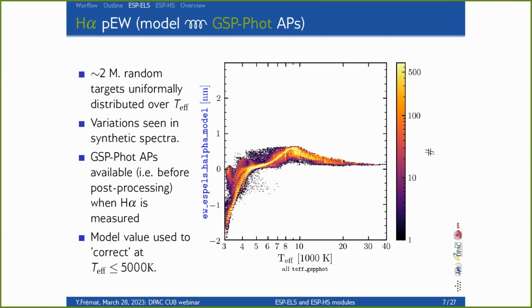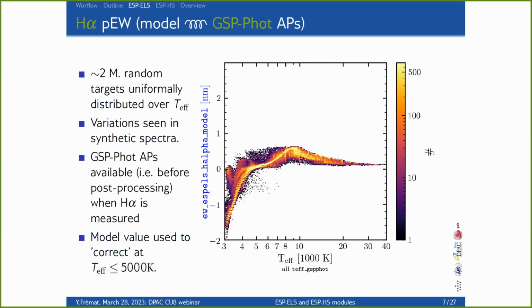We see here a broader variation, which is due to the fact that the H-alpha line for hot stars is very sensitive to a variation of the surface gravity, while for the cooler stars, starting from the late A to F-type stars, this H-alpha line does not vary much with the surface gravity. And that's what we see here.